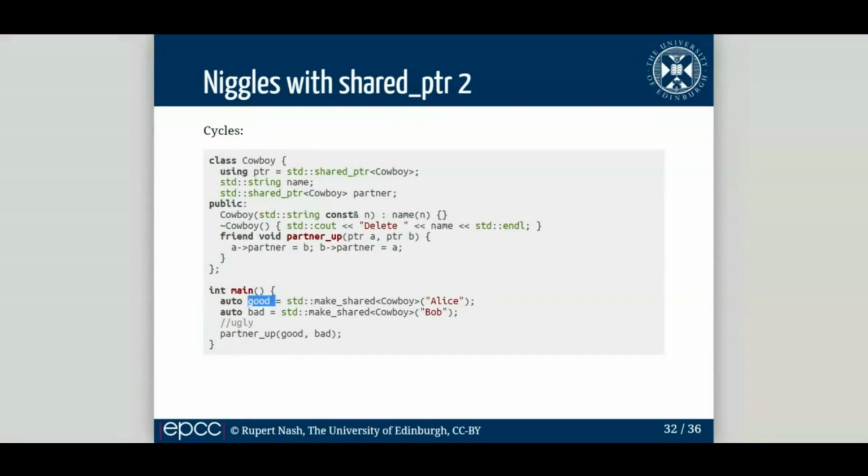You have two objects, good and bad, and because the partner pointer points to the object bad, and the object bad has a pointer that points to the object good, these shared pointers point to one another.